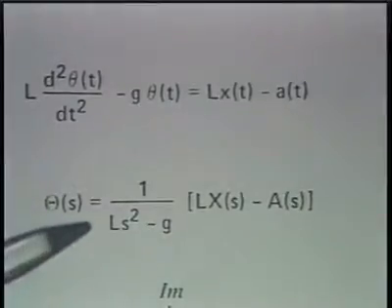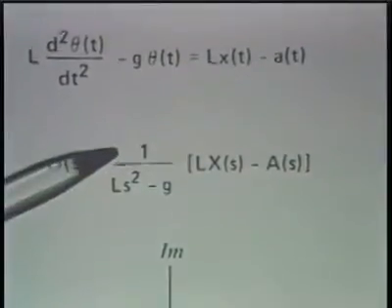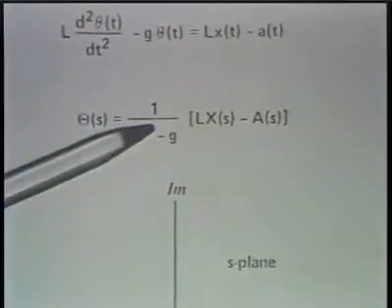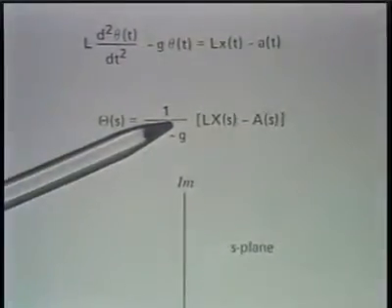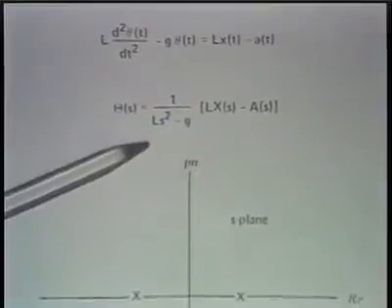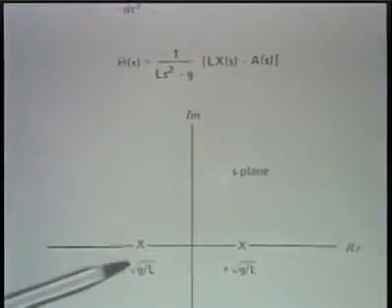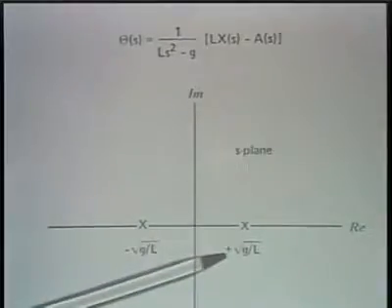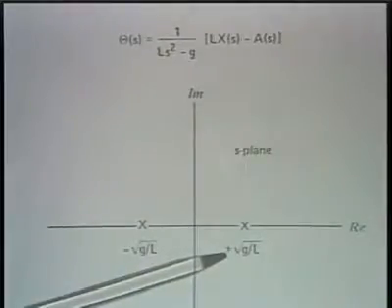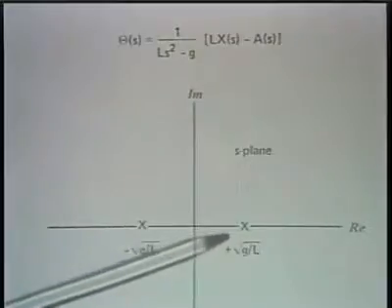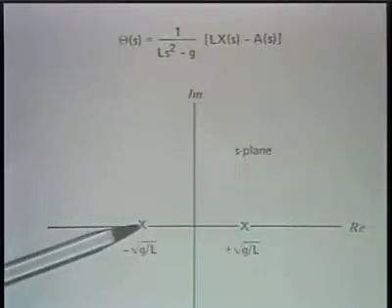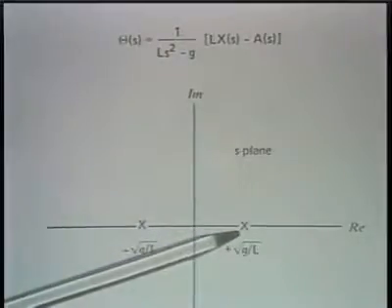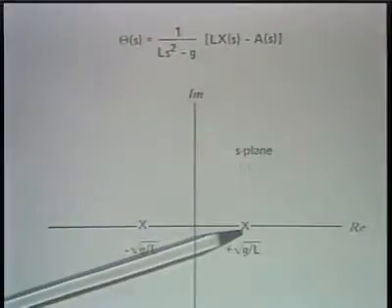Now, we can, of course, solve for the poles and zeros. There are no zeros, and there are two poles, since this is a second-order denominator. And looking at the poles in the s-plane, we see that we have a pair of poles, one at minus the square root of g over L, and one at plus the square root of g over L. And the important observation is that while this pole represents a stable pole, the right half plane pole represents an unstable pole.